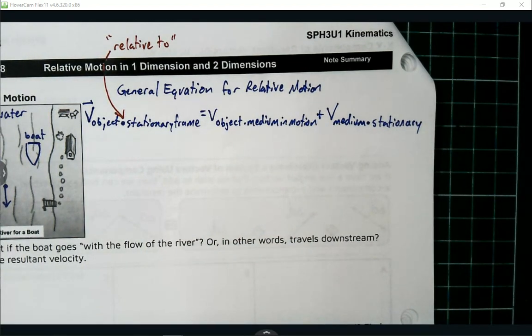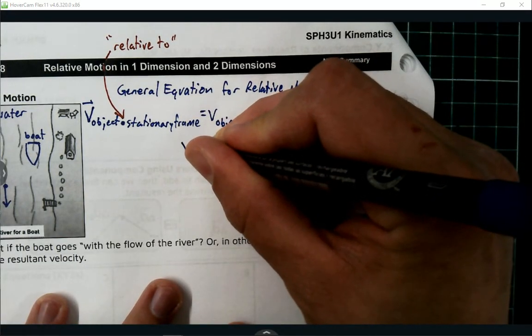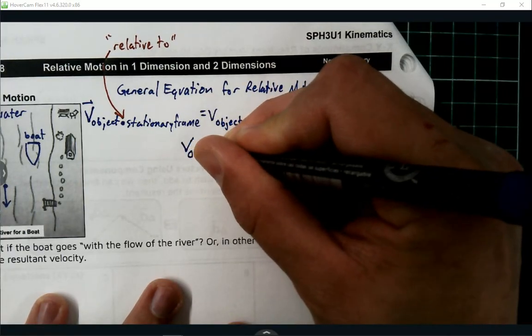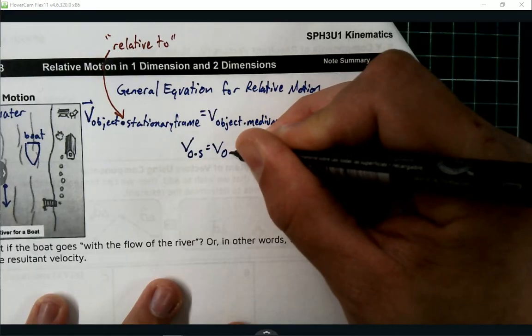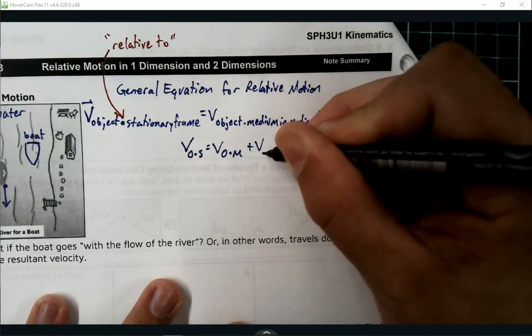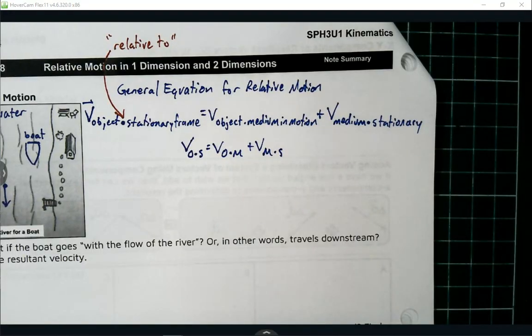And that definitely draws attention to the fact that these subscripts are just too big. They're too big, they're unwieldy. And so what people will often do is they'll shorten them up and they'll do something like this. Velocity of object relative to stationary is equal to the velocity of the object relative to the medium plus the velocity of the medium relative to the stationary. And that's a little bit more manageable.